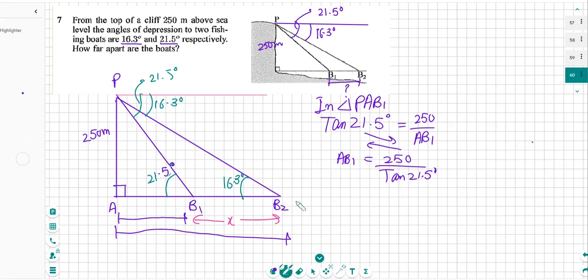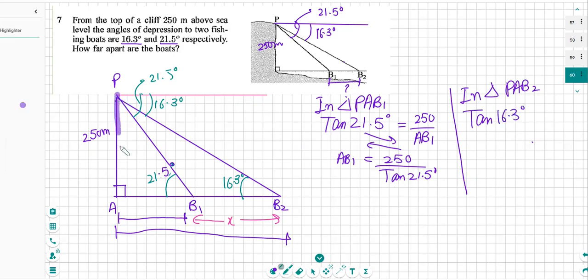Similarly, we can find AB2 as well. But this time I'm going to use the larger triangle to find this length, which is PAB2, right? Again using tan, but this time the angle is 16.3, because this triangle is used here. So the opposite side is again 250, but the adjacent side is AB2.